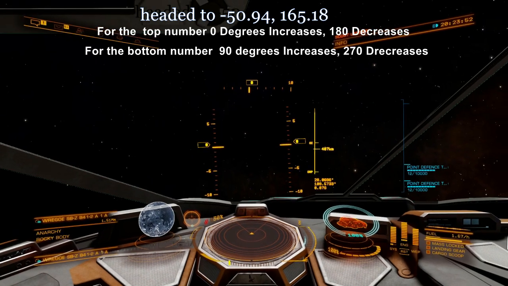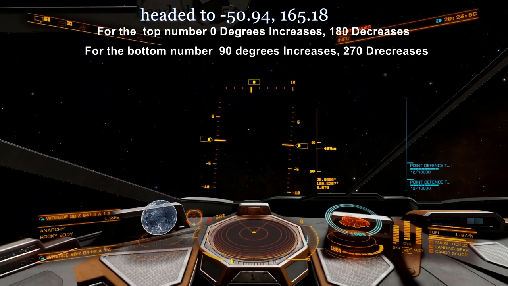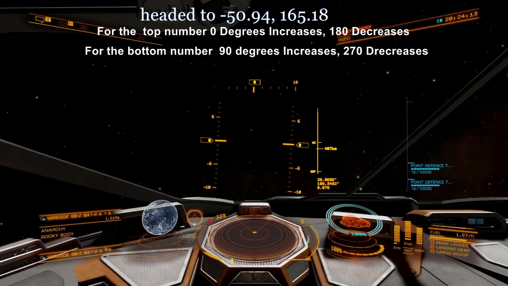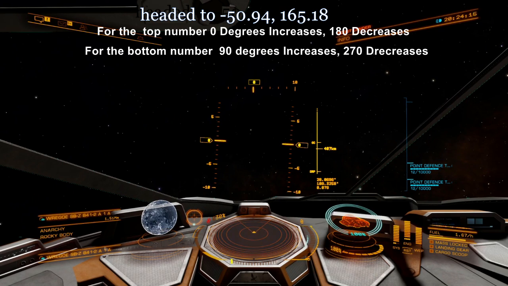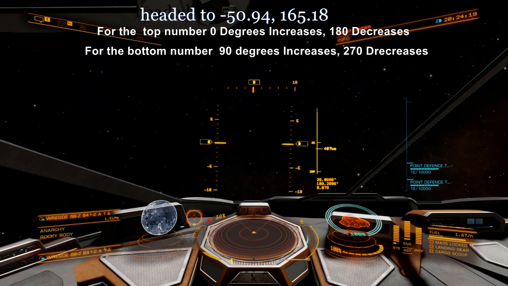And so I'm going to jump back up into Super Cruise, and I'm going to get my top number to around plus or minus 50. So we're going to go to negative 50.94. So I want to drive this to about minus 40 to minus 60 latitude.